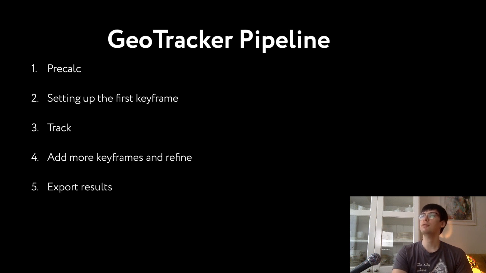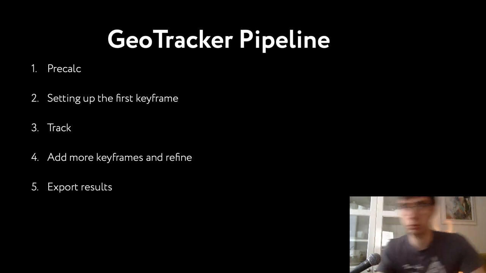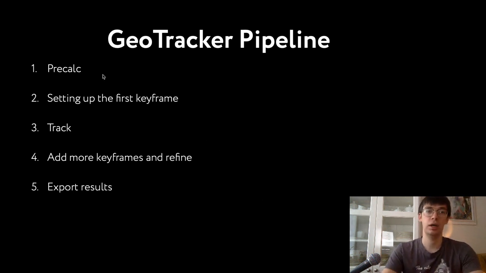Yeah, so if you have a 3D camera track, you can use it as a camera for GeoTracker. And then you have to export TransformGeo. Yeah, exactly. So we will take a look at it, for example, in this footage with the auto.